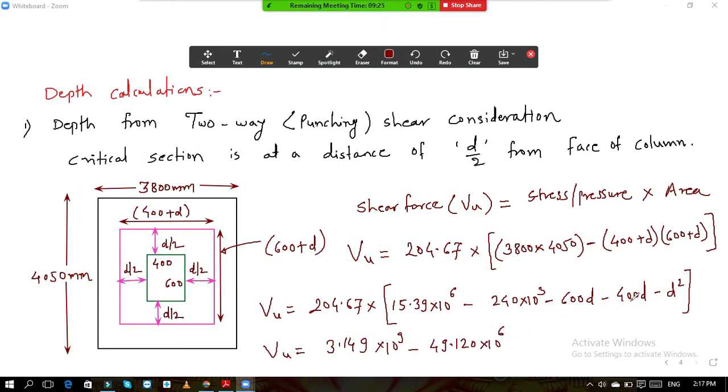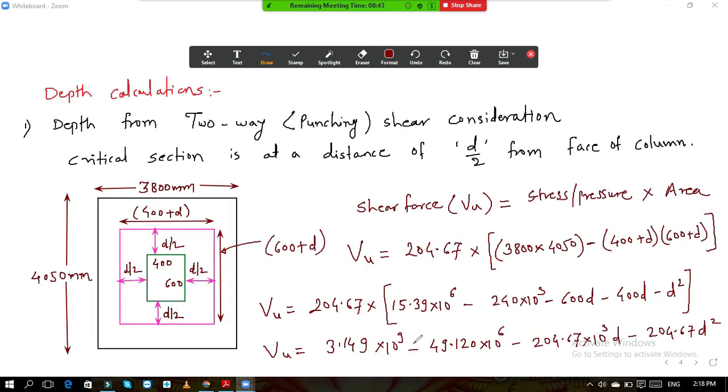Again minus 1000 gives 204.67 into 10 raised to 3 d, and the last one is minus 204.67 d square.